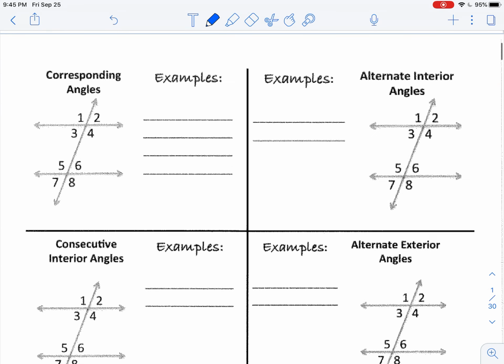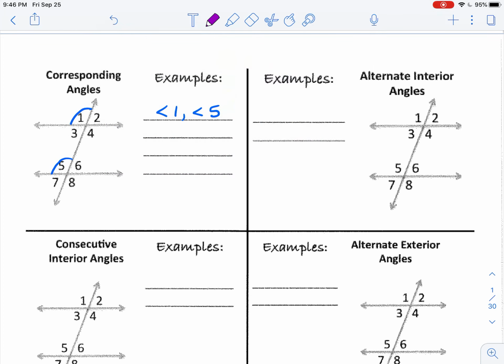All right, let's go through some examples. If we're looking for corresponding angles, in this first example, we're looking for angles that are in the same position, such as angle 1 and angle 5. See how they're both in this top left position of the two intersections? This little triangular shape indicates an angle.